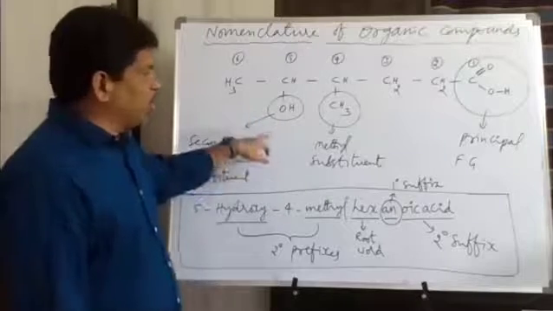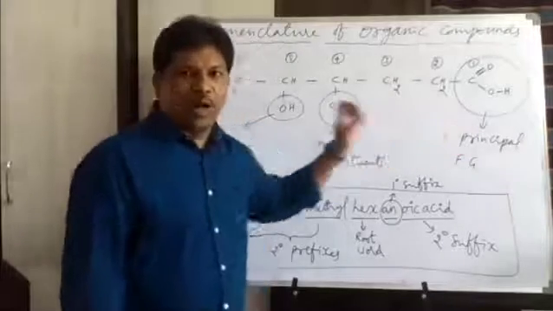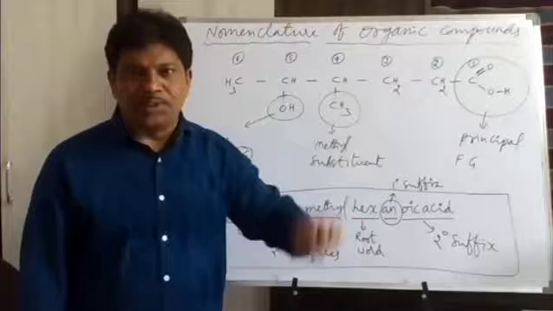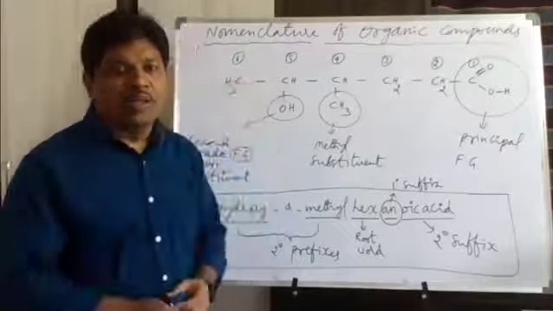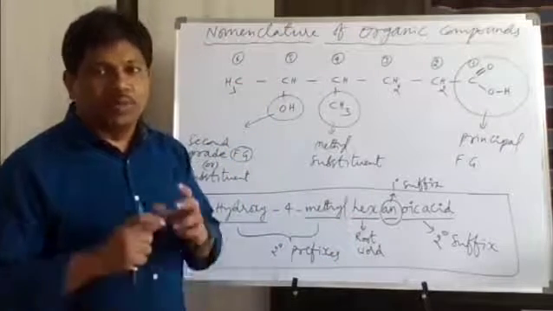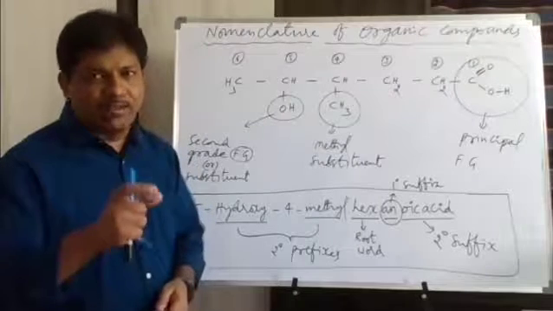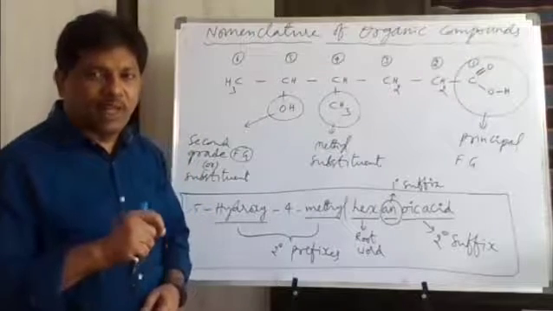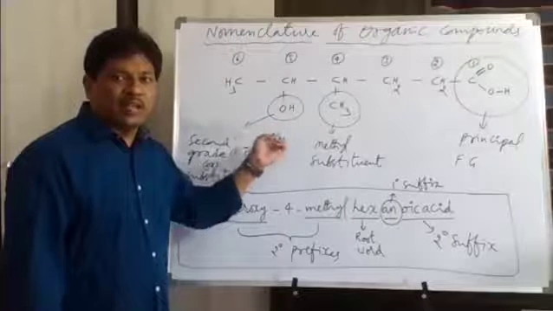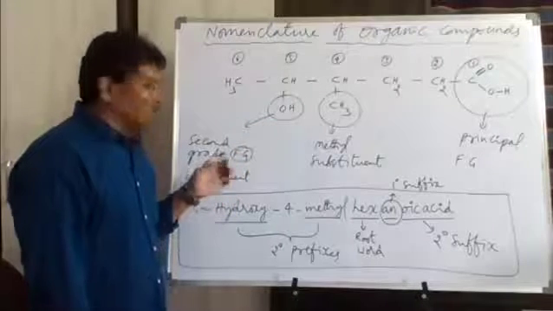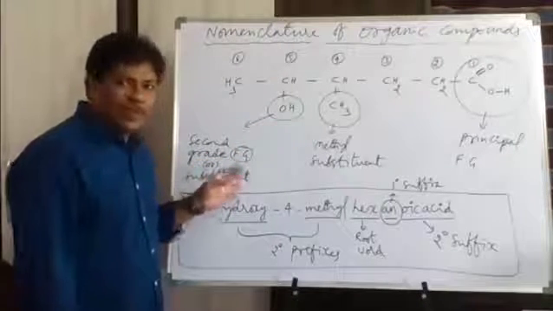Between the OH and COOH groups, which has more priority? COOH. The more senior group acts as the principal functional group, and the less senior group, with less priority, acts as the second grade functional group, or simply a substituent.